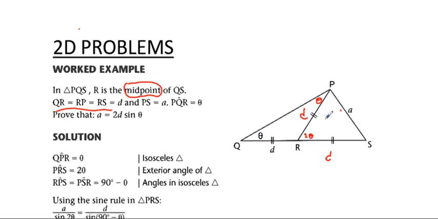So that is 2 theta. Then these two angles will be equal, and we can express that as 180 degrees minus 2 theta over 2. Remember your basic geometry question? So this angle here is 180 subtract 2 theta.